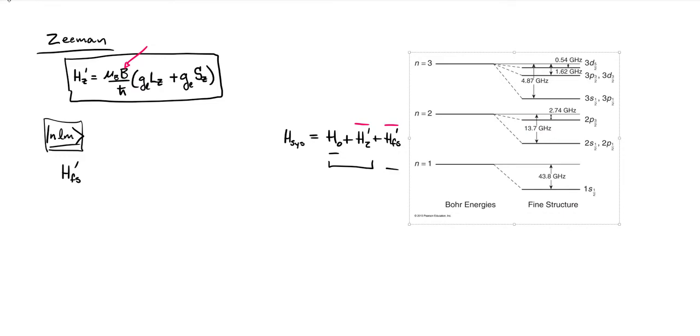If we look at the energy shifts when we applied that fine structure perturbation, we saw that they shift the energy levels from 0.5 gigahertz up to about 43 gigahertz, and we saw the level of those splits. Those give us the energy scale of this fine structure perturbation.